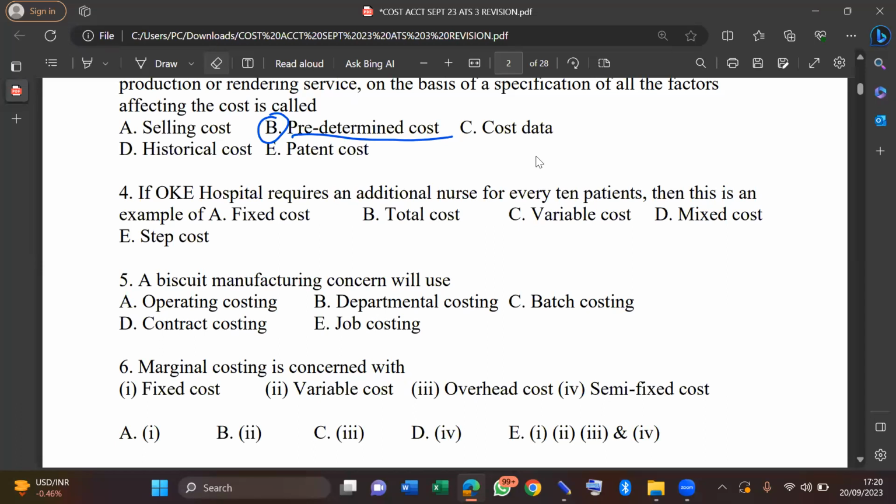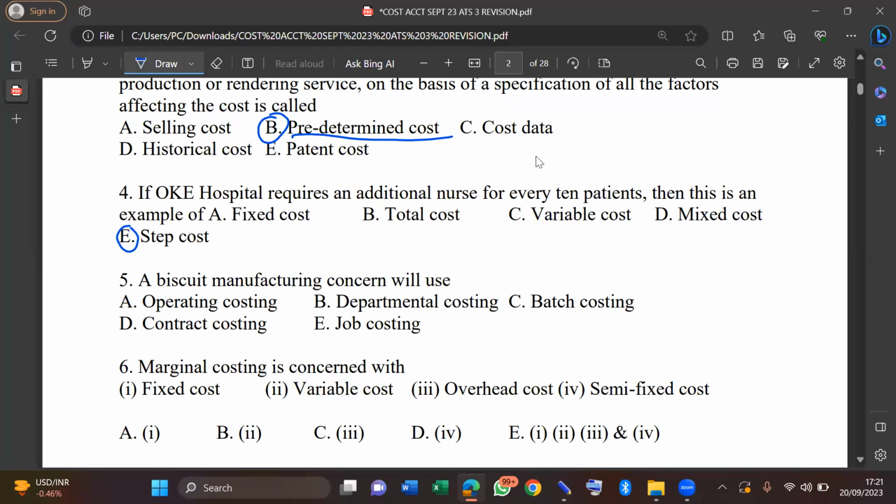Is that taking? That's why we call it step cost, because it is constant at a particular time and changes at another time. So the correct answer is step cost.